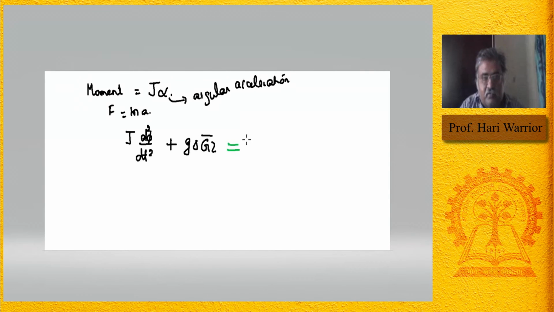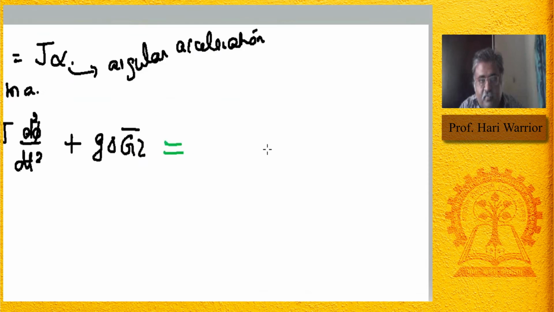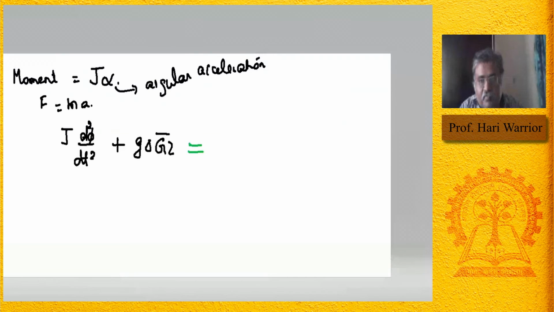J d square phi by dt square plus G delta GZ is equal to MH, heeling moment. What does this say? This says that the net moment, what is the net moment? The net moment is the heeling moment minus the righting moment.